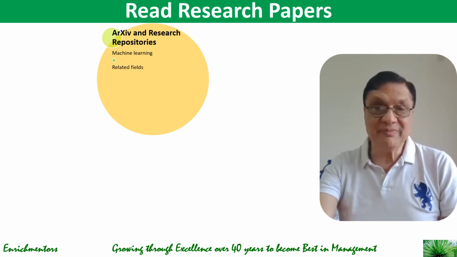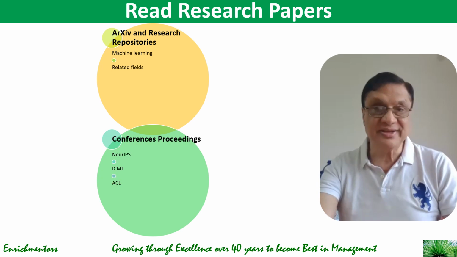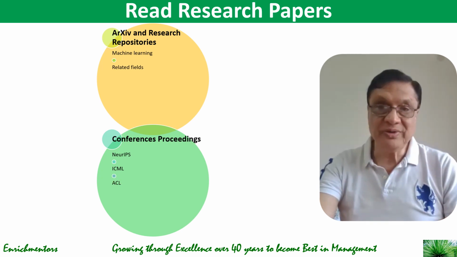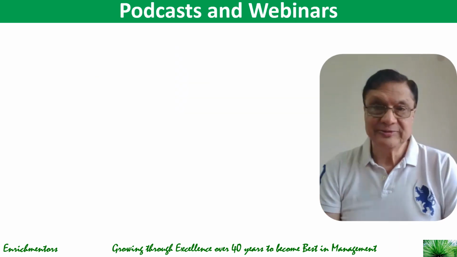Many cutting-edge developments are published in preprint form before formal peer review there. The second thing you can do is to read the conference proceedings. Follow proceedings from top conferences in the field such as NeurIPS, ICML, and ACL. Conference papers often present the latest research findings and advancements.